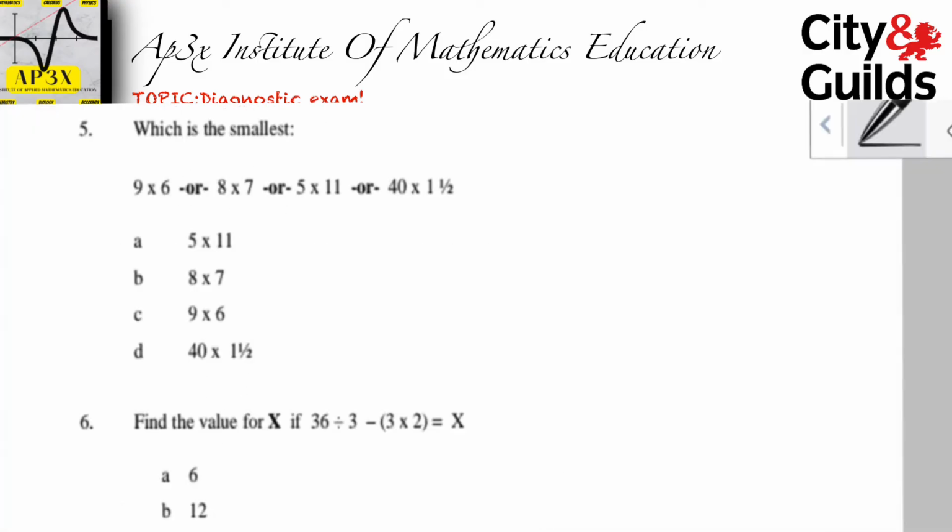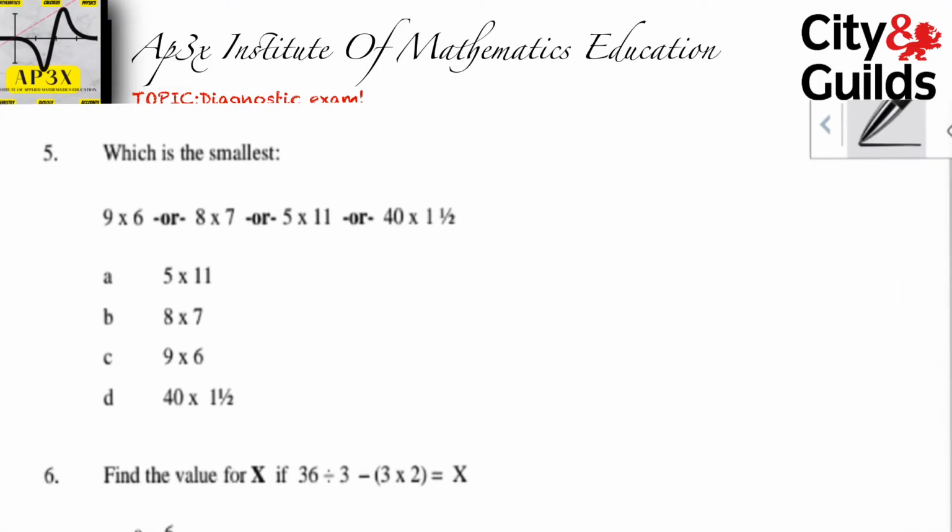Alright, next we have which is the smallest here. We have 9 times 6 or 8 times 7 or 5 times 11 or 4 times 1.5. So we're looking for the smallest. So we definitely have to have our timetable skills here.